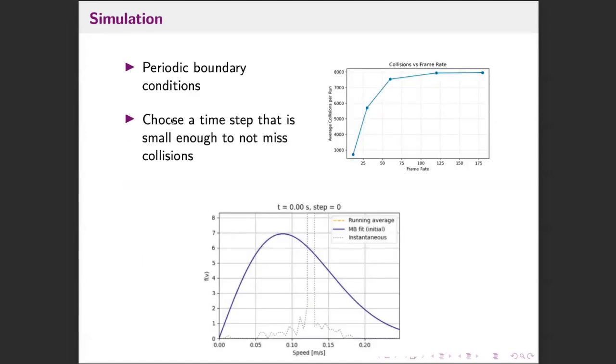This should have been a GIF. The gray line is instantaneous and fluctuates quite strongly, but the running average matches this. If you simulate this, it goes to the Maxwell distribution.